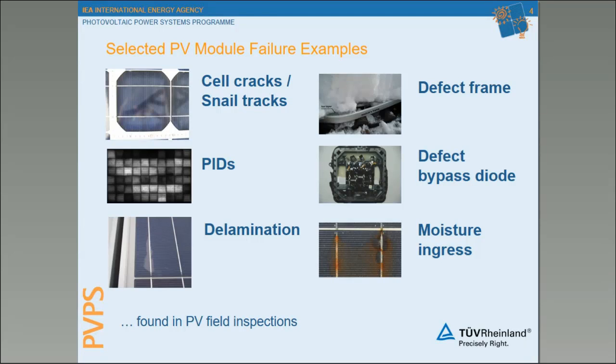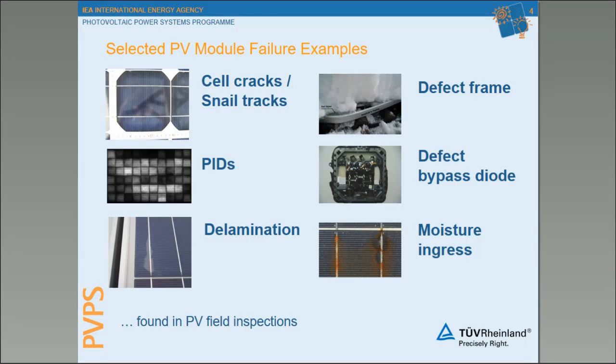So with this background, in our current phase we have been doing two things. One was to understand the degradation process on the one hand, and on the other hand to assess the failures in the field. In the next 15 minutes, I would like to give you some results of our surveys and investigations.